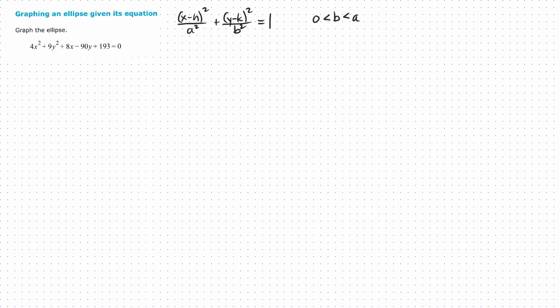And if a is greater than b, then we know that a is half the length of the major axis. So really there is another standard form, that is, if a could be below your variable of y. So another standard form would be this.